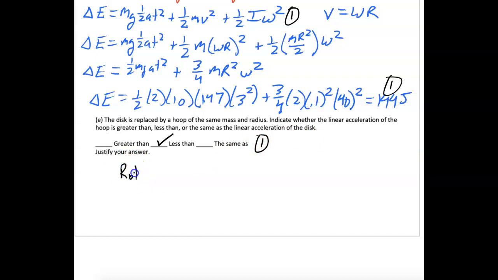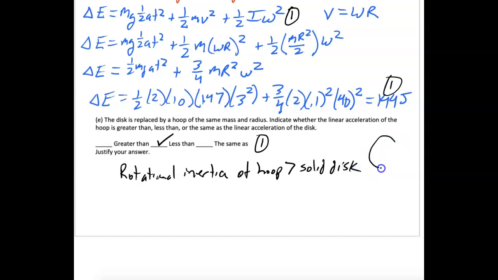So here we're just going to say the rotational inertia of the hoop is greater than that of the solid disk. Remember, because all that mass is on the outside. And we have to make sure 2 things. We have to make sure that the radius and the mass are the same.